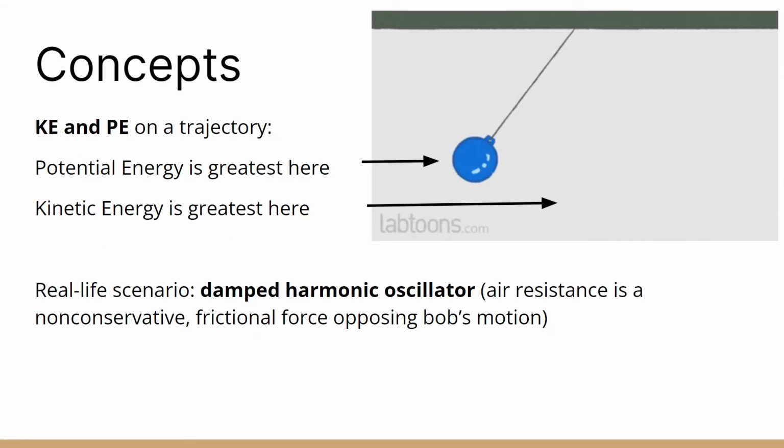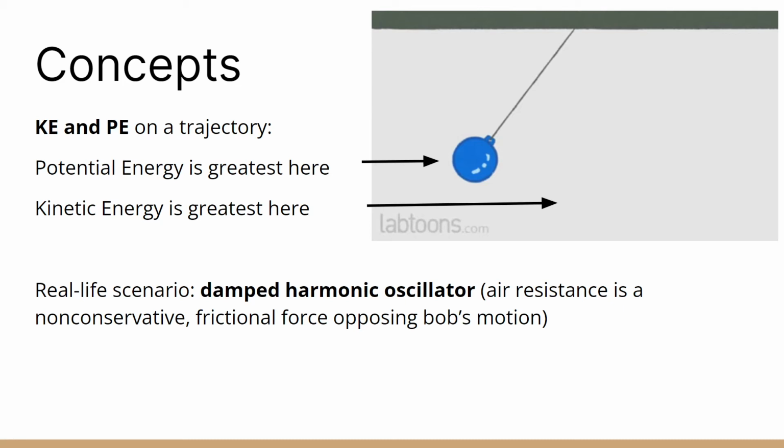Now let's take a look at the conservation of mechanical energy within a simple pendulum system. On a trajectory of the simple pendulum, as you can see here, we have the different places denoted where the kinetic energy and the potential energy reach their maximum. It's important to be conscious of these facts: for example, the kinetic energy is the greatest at the bottom of the pendulum's trajectory, which is obvious because it's going to be moving the fastest throughout the middle of its path, right?